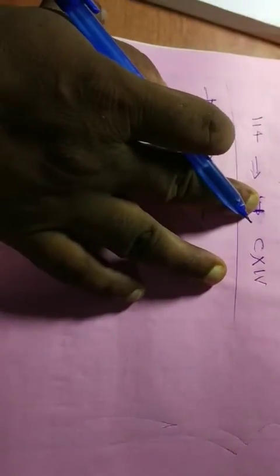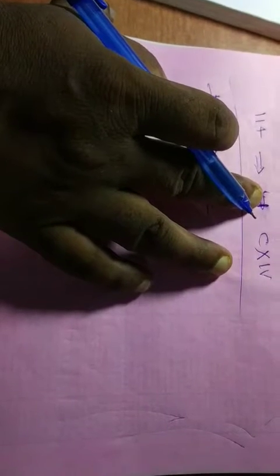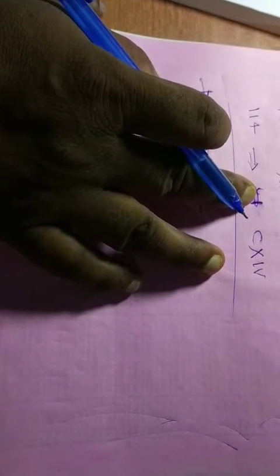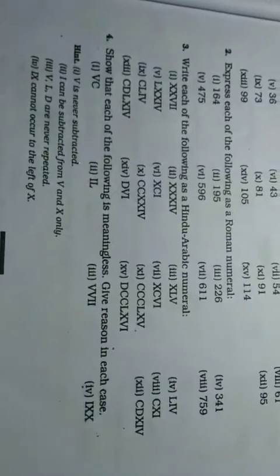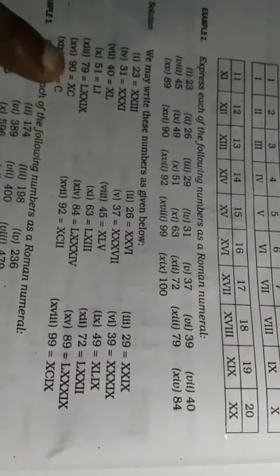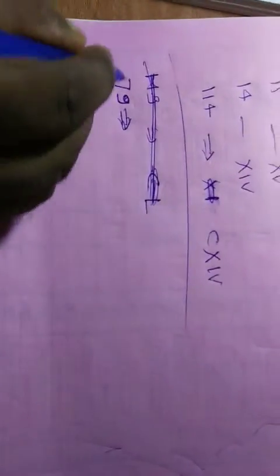Now students, here are some examples also. 79. First of all, I would like to use only small numbers for you, because you have just started to learn. Students, 79.